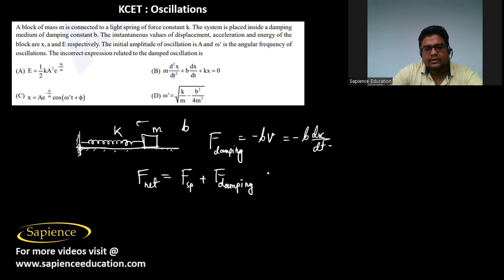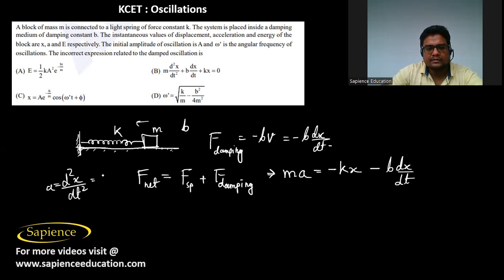The net force is given as mass into acceleration, so that is equal to minus kx, the spring force, and minus b dx by dt, the damping force. Acceleration is d square x by dt square, since it is dv by dt.